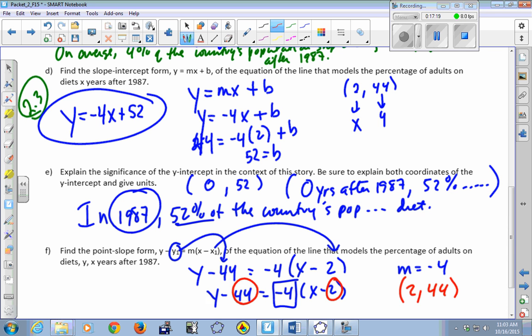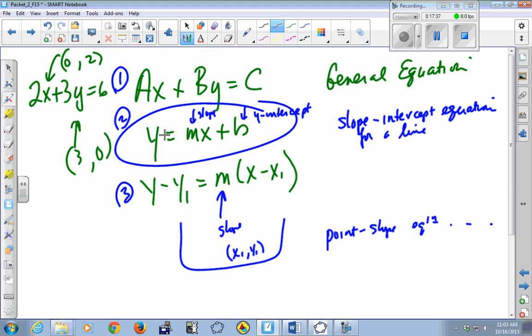If you take this equation and you do what we're about to do on the very next page, you put it back into that form, you lose that visual of seeing one of the points that lie on the line. You see the other point, you see (0, 52). So you can convert this equation to slope-intercept by just doing a little bit of algebra.